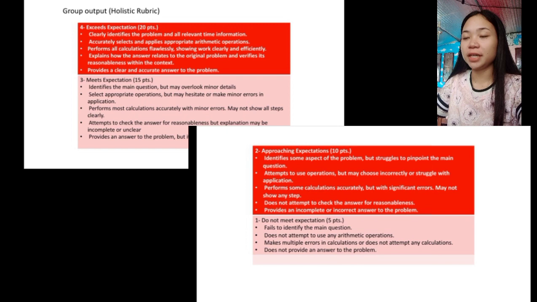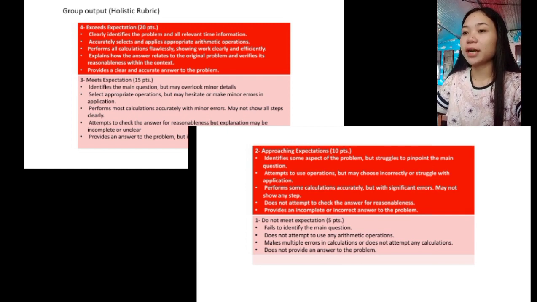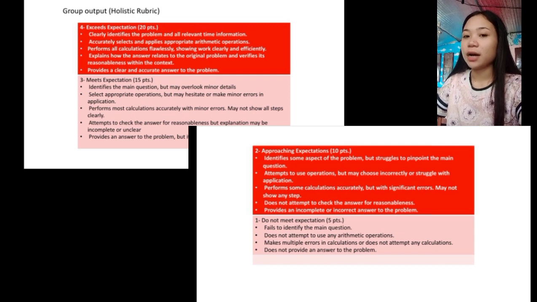So next we have here a group output for the holistic rubric. Earlier I discussed the analytic rubric, so now I also made a holistic rubric. This is also aligned to the learning competencies and the objectives, or the process-oriented learning competencies made by Ms. Maynagkot and task design made by Ms. Torino.